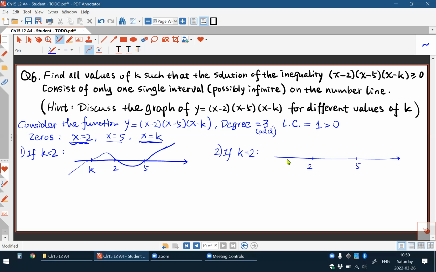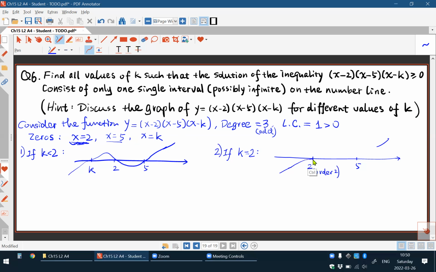Again, the end behavior does not change. End behavior always goes like this and this, right? And do not forget, this time, the zero of x being 2 has order 2, right? Because you have it here and here. It happened twice.